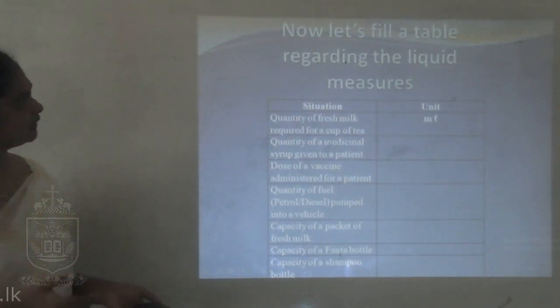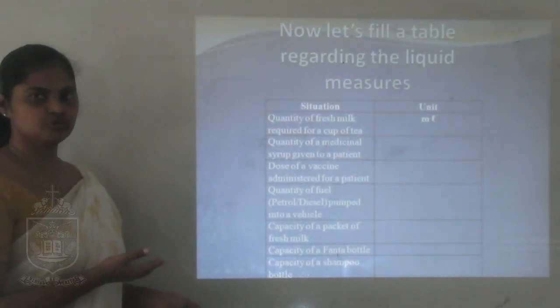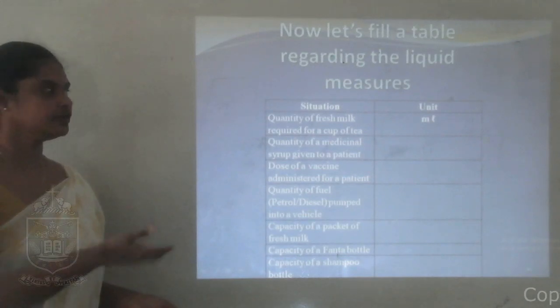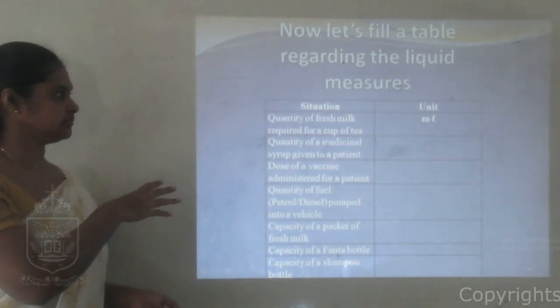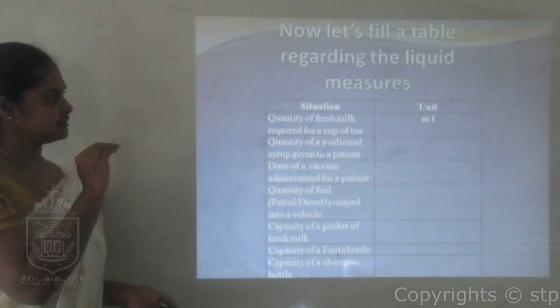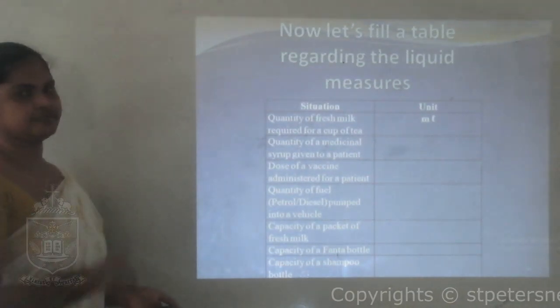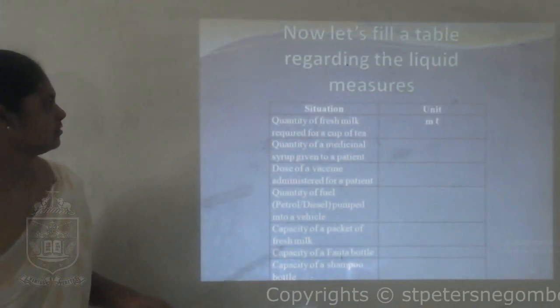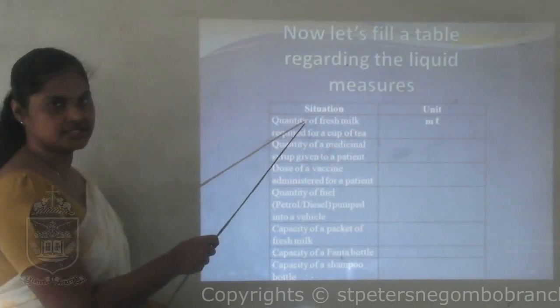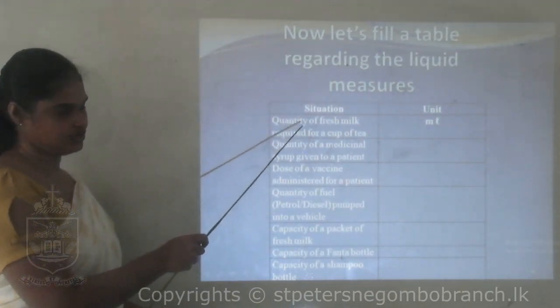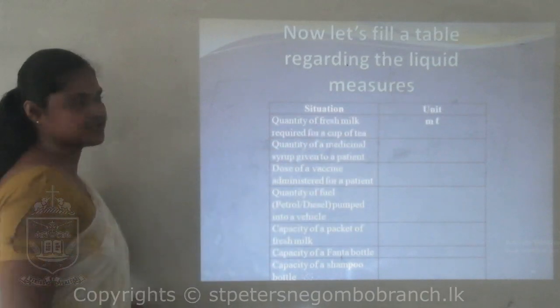Okay, now let's move on to this table, and we are going to complete this table based on the day-to-day activities. See here, the situation is where we use the liquids and the unit is measured in the table.